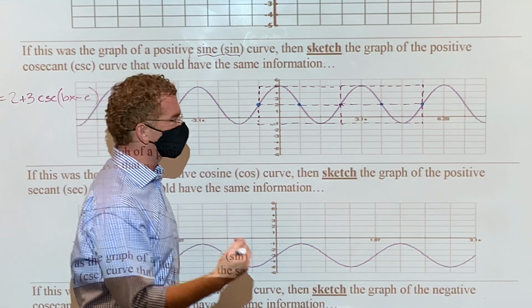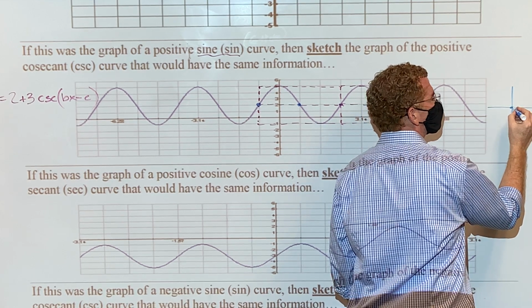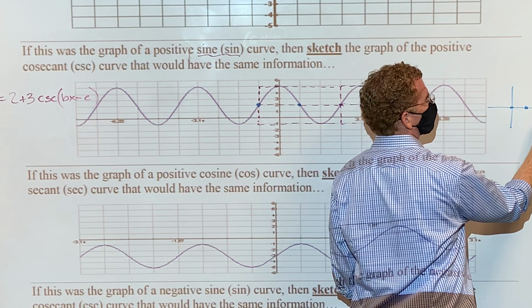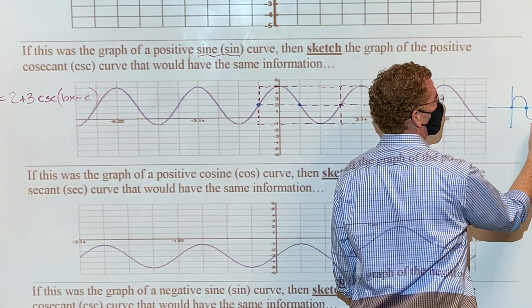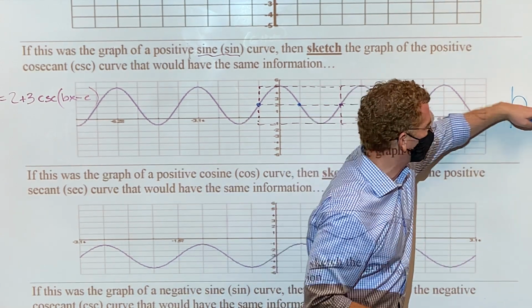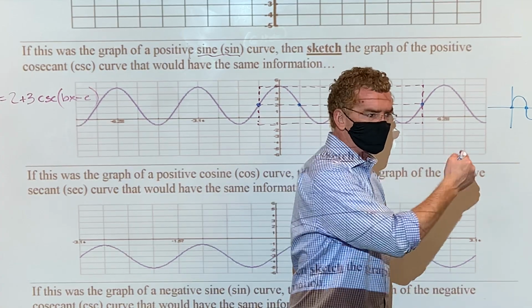So all you have to do, does that make sense? On a normal sine curve, sine of 0 equals 0, sine of pi equals 0, sine of 2 pi equals 0. This is where a normal sine curve hits 0. Well, if a normal sine curve hits 0 on that D, when you flip it, a cosecant curve would be undefined there.